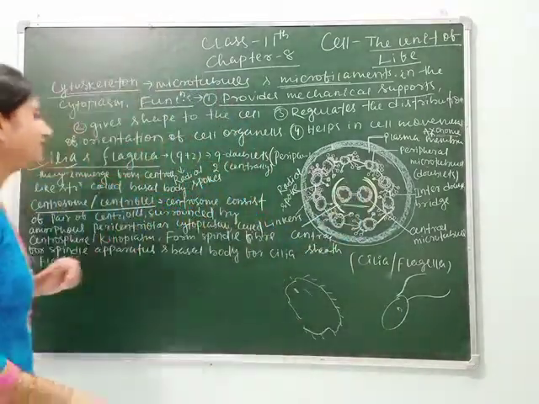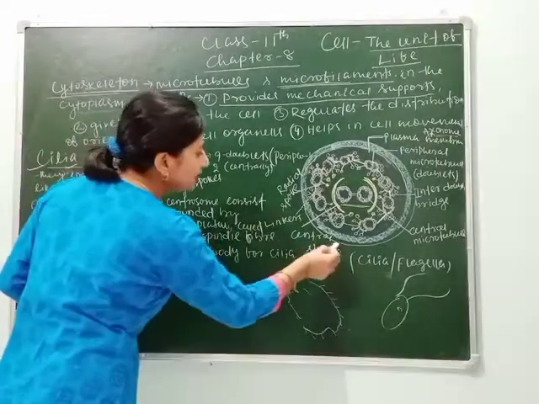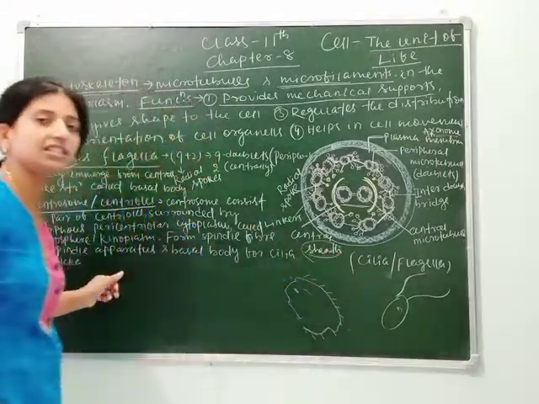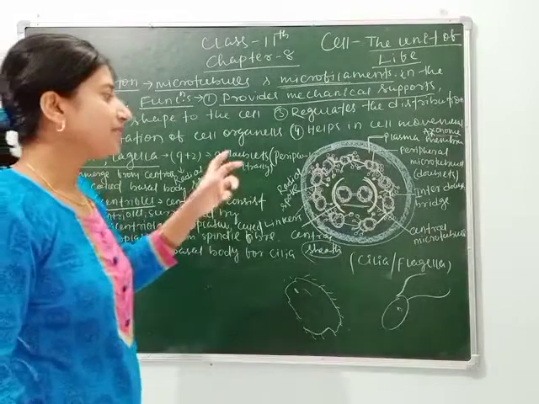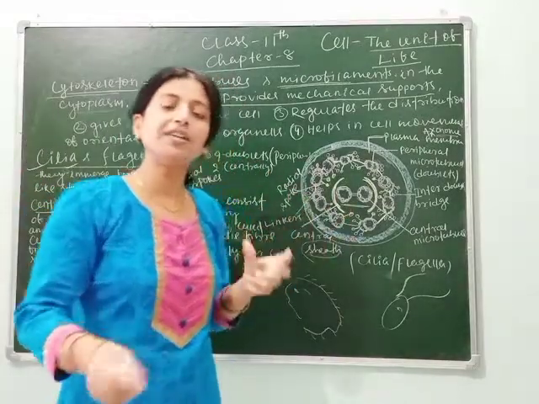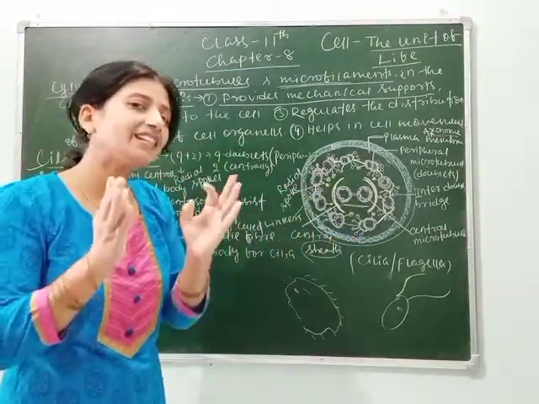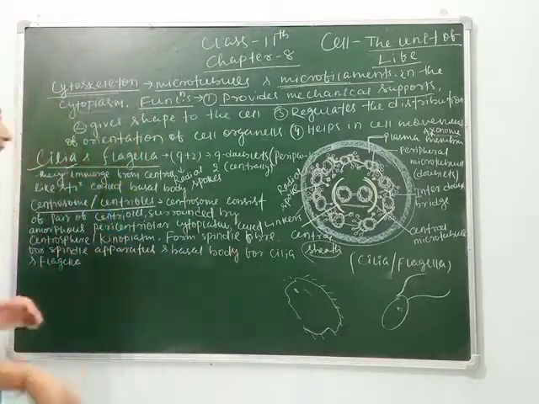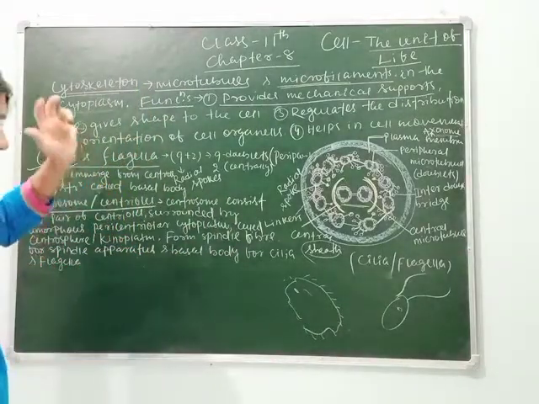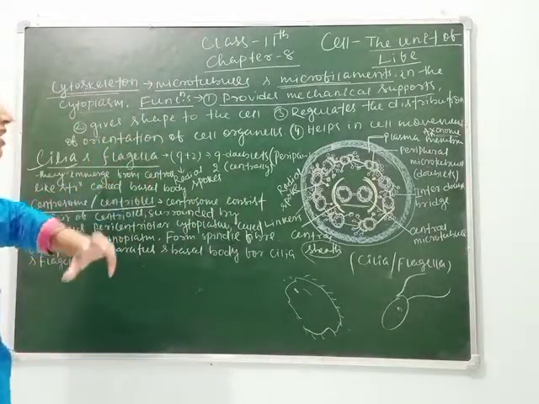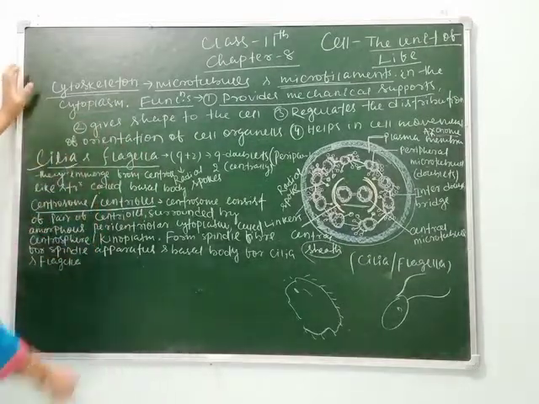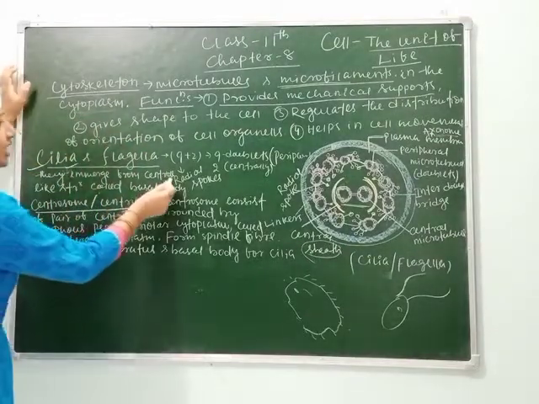microtubules are present. As I have told you, the sheath has a rigid structure inside which the microtubules are present, due to which the flagella or cilia are strong and they will not break easily, and they help in locomotion or movement or swimming. They emerge from the centriole.